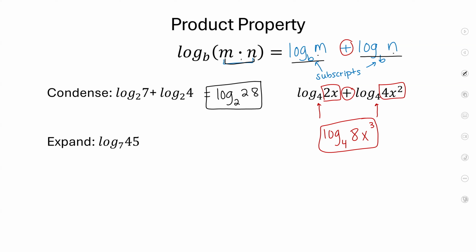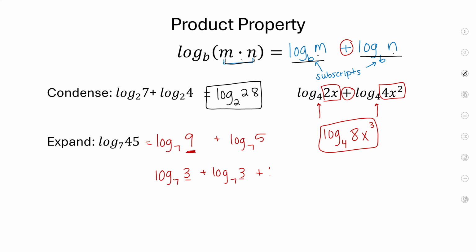Now I'm going to expand. So I'm going to write this as more than 1. I'll just set it up real quick. I can do 9 times 5 will give me 45. Oh, I can condense this further. This can be log base 7 of 3 plus log base 7 of 3, because 3 times 3 will give me that 9.